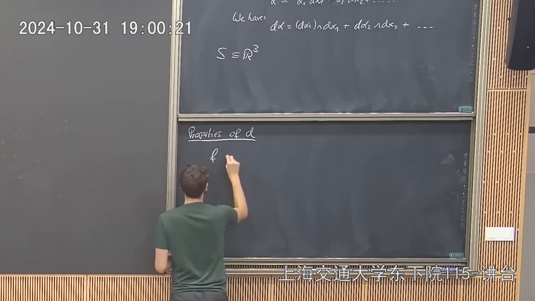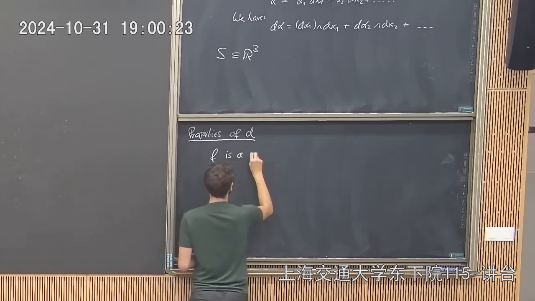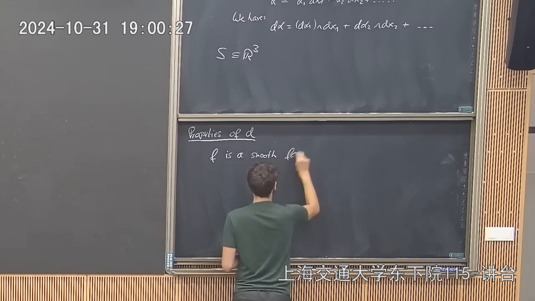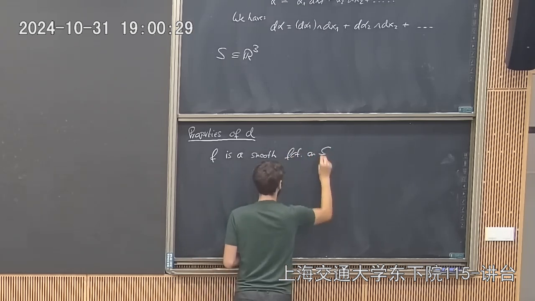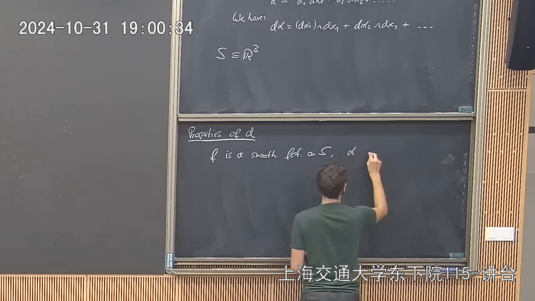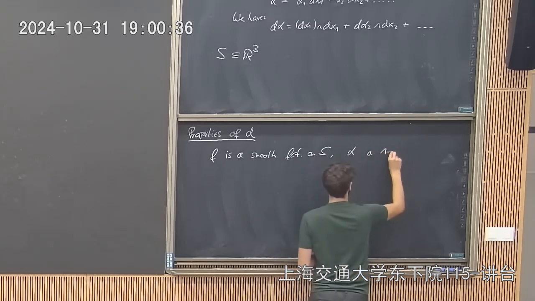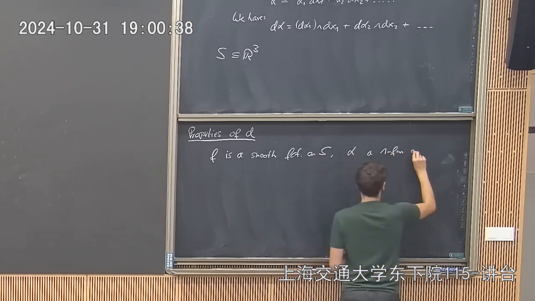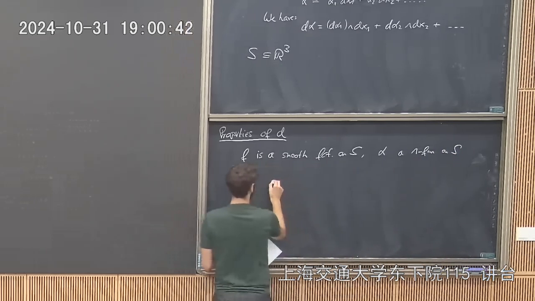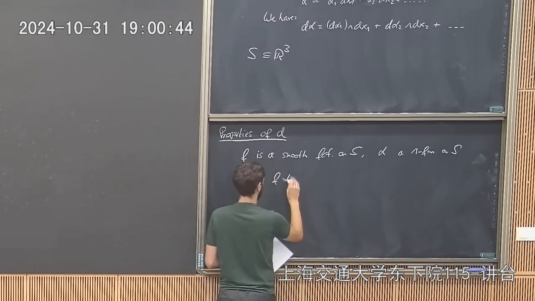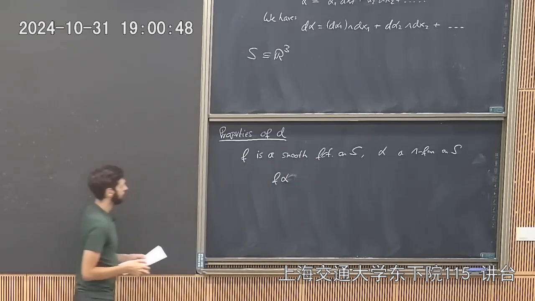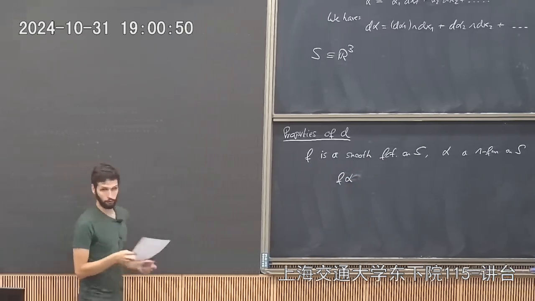So if f is a smooth function on S, and alpha a one-form on S, then also the product of the function and the one-form is a one-form again.